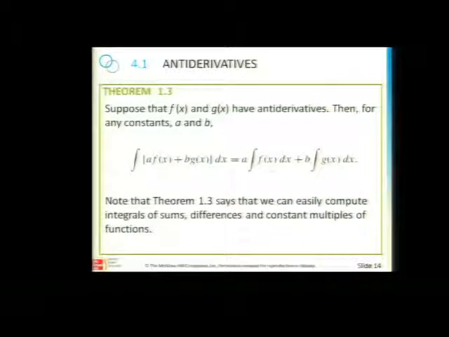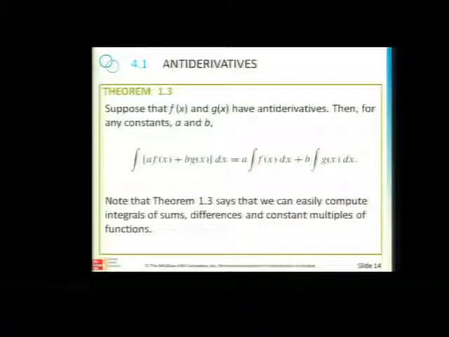We can just integrate the function first and then multiply by the constant, for both terms, and then add them together. And all of you have used these rules before, and this rule, of course, helps us to find the integral of sums or differences, or even constant multiples, because the constant can be taken outside the integration, all right? So this will simplify the integration somewhat.